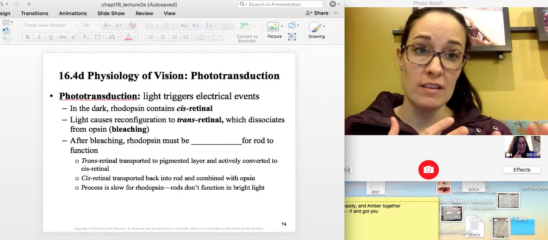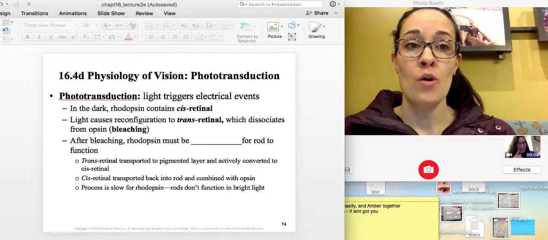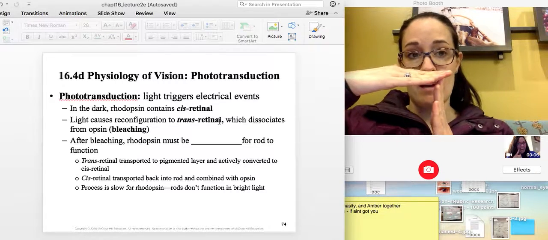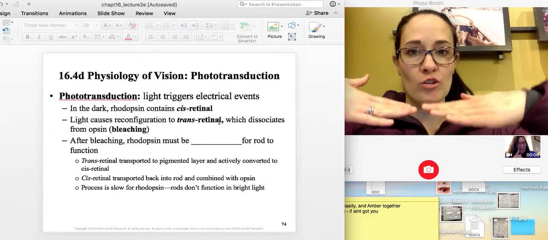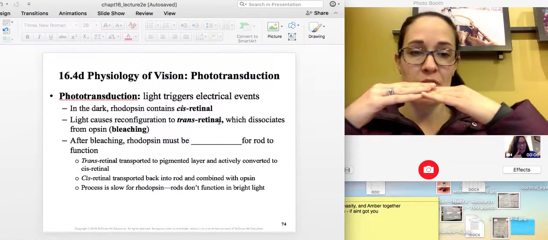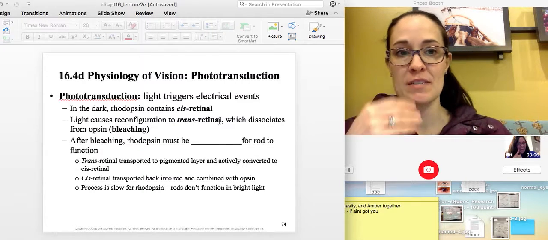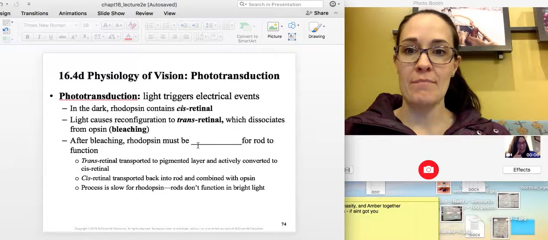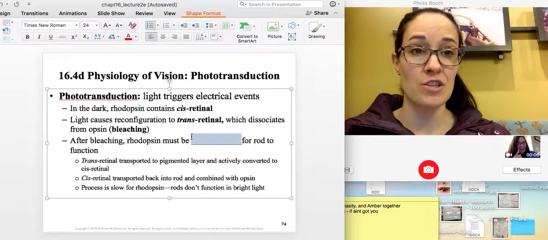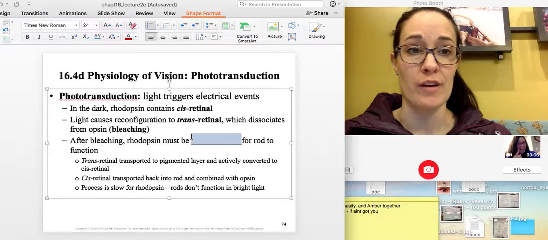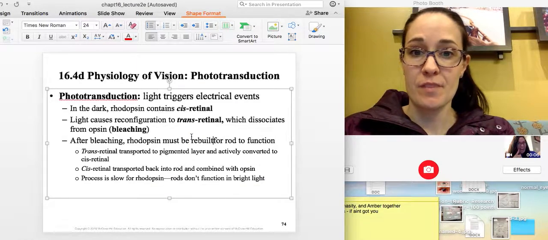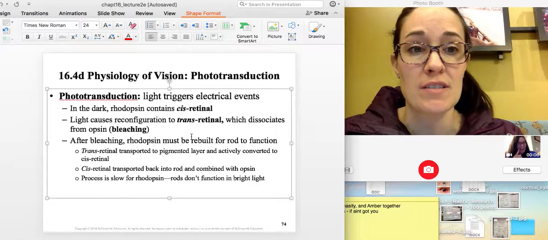When you go into the light, what actually happens in the rhodopsin is that retinol changes shape. It goes from kinked to straight, and that is called transretinol. This is termed bleaching. It will then leave the opsin. After that bleaching, meaning it's not dark any longer, it's not a bluish color, it's essentially white, it needs to be rebuilt for you to be able to see in dim light again.